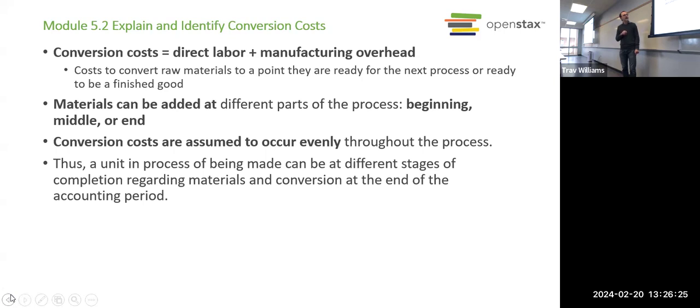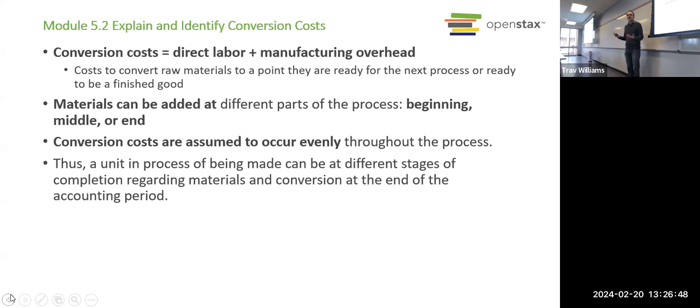Now, conversion costs, it's kind of hard to say exactly when they occur. That's why at the end of the period, we have to figure out what our equivalent units of conversion are. Because labor is something that gets added all the time, right? Every day, your workers are adding more labor costs.